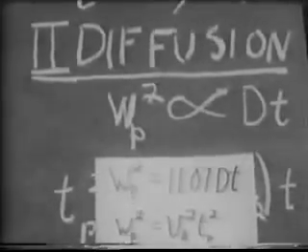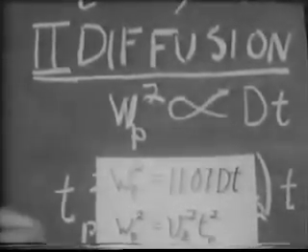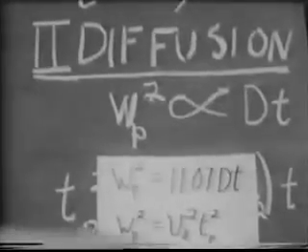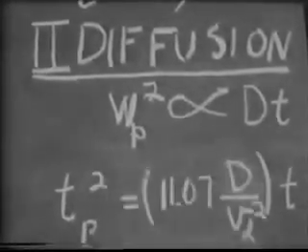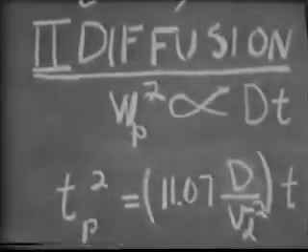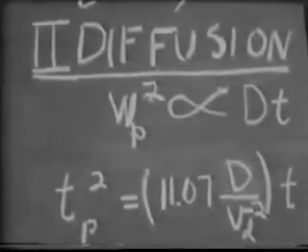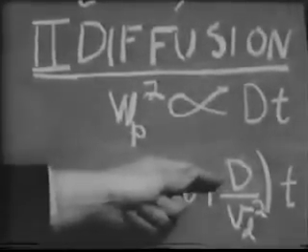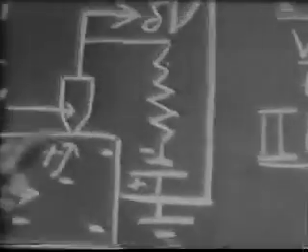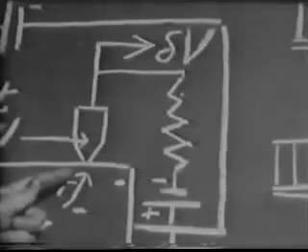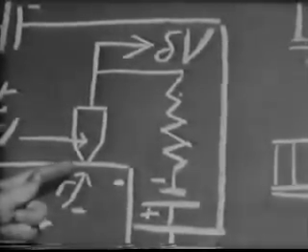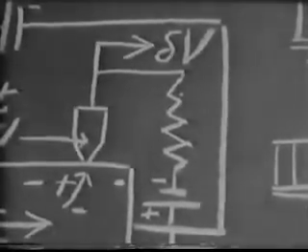To compare this theory with experiment, we express W sub p in terms of T sub p and V sub d and obtain this equation. In order to use this equation to test diffusion theory and to measure d, Dick Haynes must first show that the hole concentration at the detector is proportional to the scope deflection delta V. The deflection is proportional to the concentration of holes under the detector point.